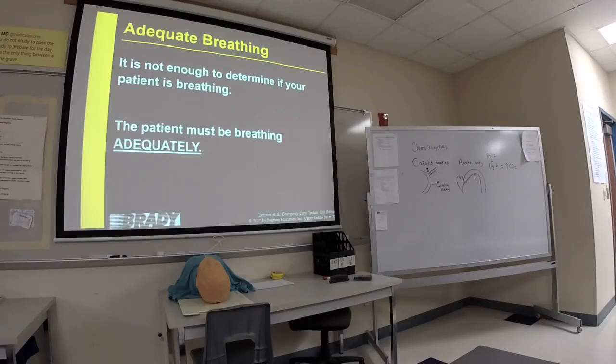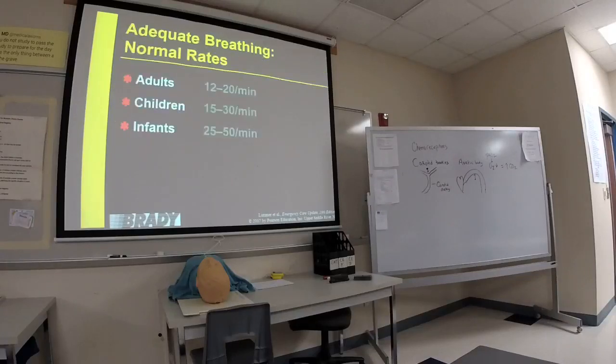Right now we need to look at breathing. What's adequate? This is a big word. Adequate means that they're receiving enough adequately to supply nutrition or oxygen to the cells. Adults, this is the only thing we're going to be concerned about for right now.